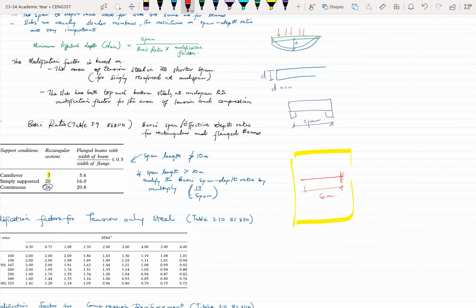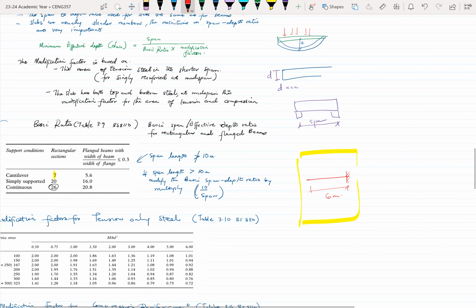It says that your span to depth ratio should not be more than 7.